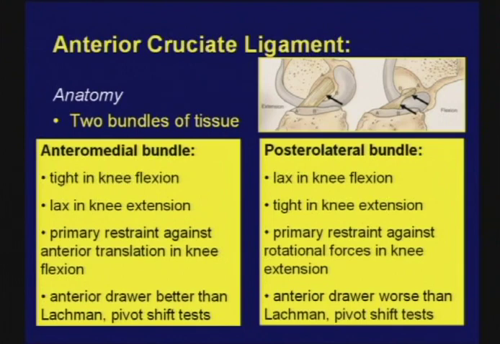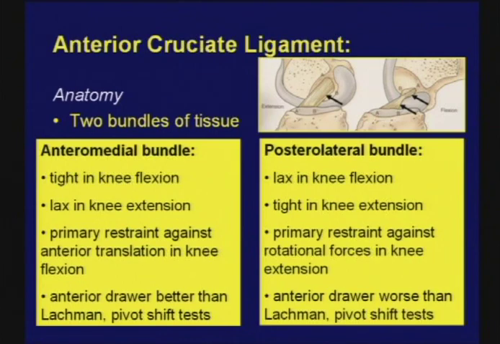It's more time-consuming, it is more technically challenging, and the literature is not clear whether or not this technique really has a benefit. Those who believe in it would point to some of the facts that are on this particular slide, including that the bundles of the anterior cruciate ligament are lax and tight at different knee positions, and that some would argue even the function of these bundles is different.